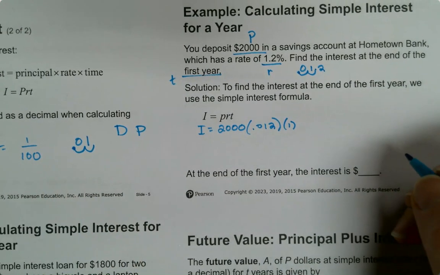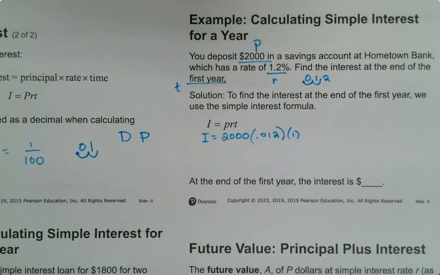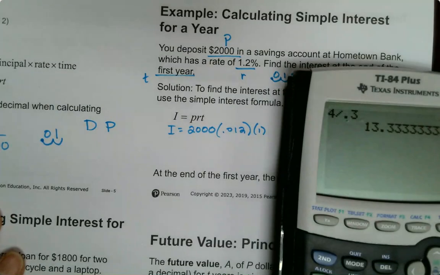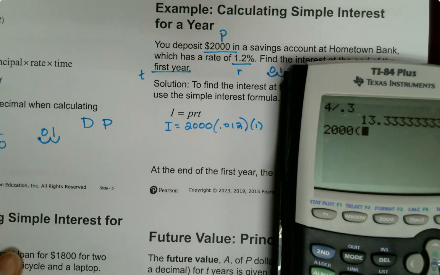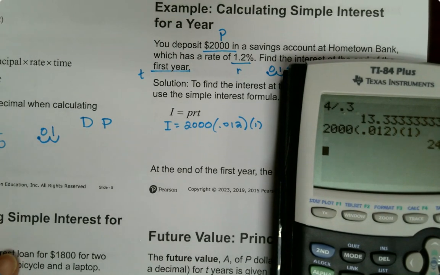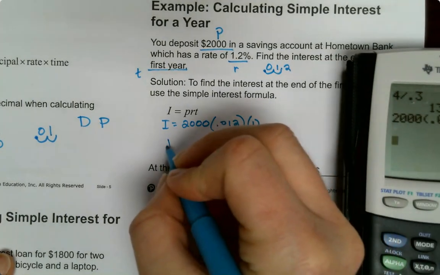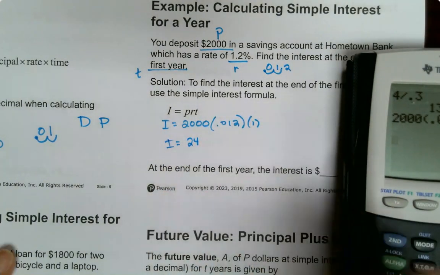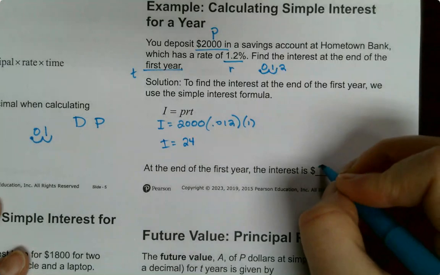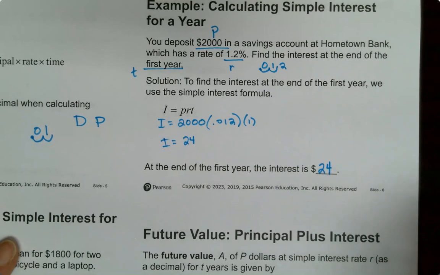So you put that in the calculator and multiply it out. And times 1 is not going to do anything, but it equals 24. So that's the amount of interest that will be earned over the course of 1 year.